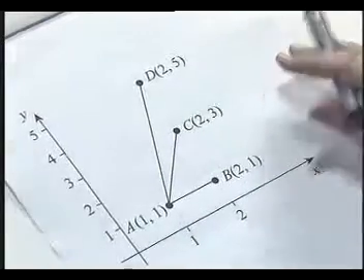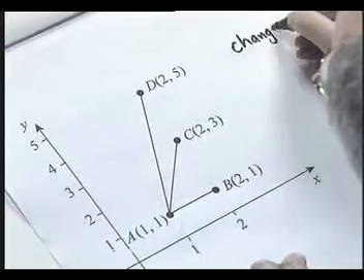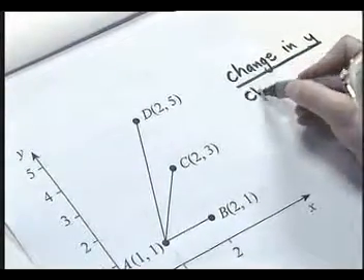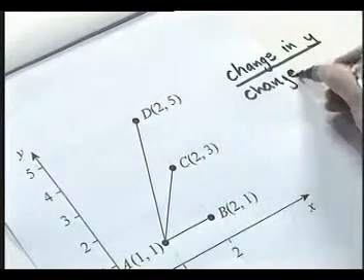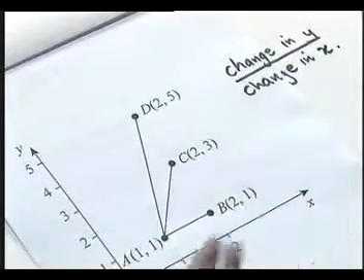What we do is we calculate the change in y and divide it by the change in x. That's going to be a measure of the steepness.